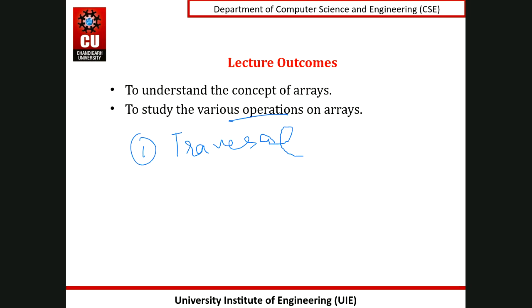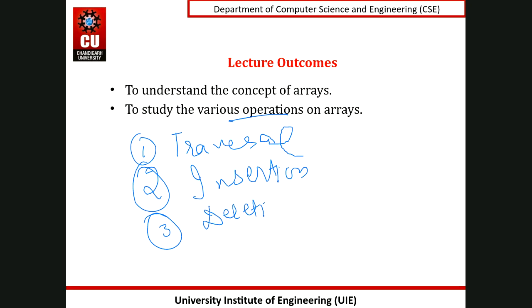The second operation that can be performed on any data structure is insertion. The third operation is deletion, and another operation is searching. We have already seen the concept of searching in arrays. What are the two types of searching that we have done?